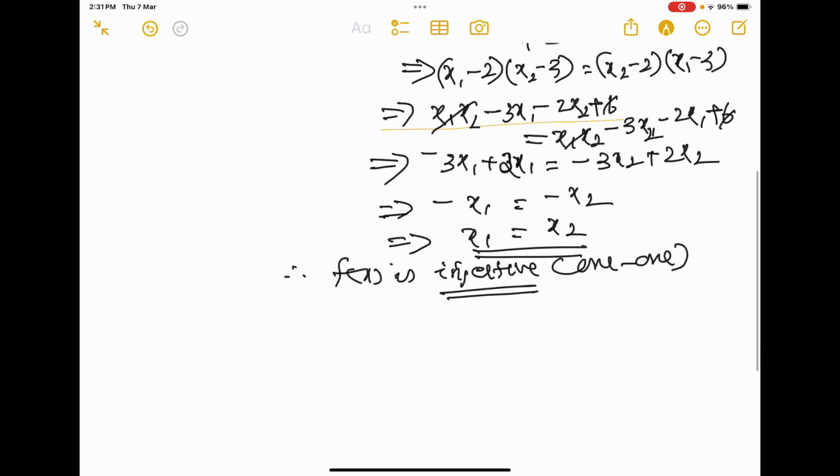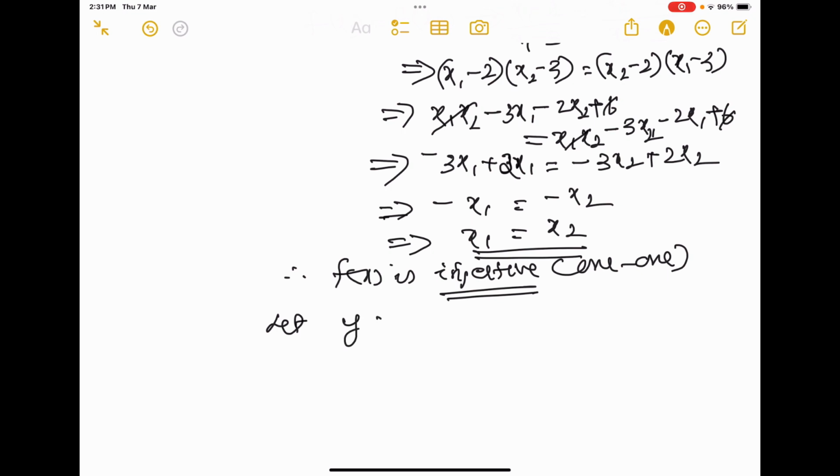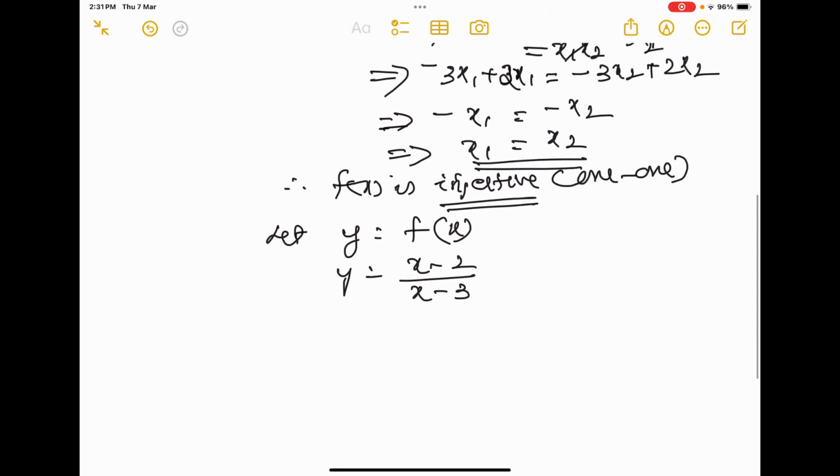Then we want to prove that it is surjective, that is onto. For that, let us take y equal to f of x. That is y equal to (x minus 2) by (x minus 3). Then we find the value of x in terms of y. That is the process here. So cross multiply: y into (x minus 3) equal to x minus 2.